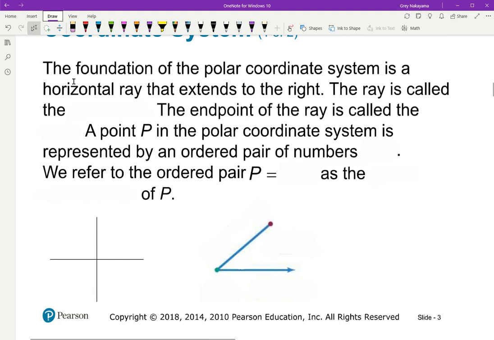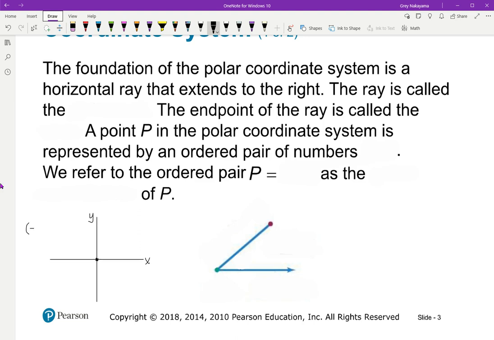They say that the foundation of the polar coordinate system is a horizontal ray that extends to the right. Before I go there, I want to talk about what you already know. Up until this point in your life, you have always graphed points on a coordinate plane where this is our x-axis and this is our y-axis, and you move left and right according to the origin right here.